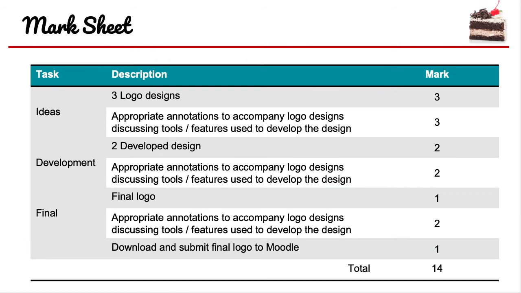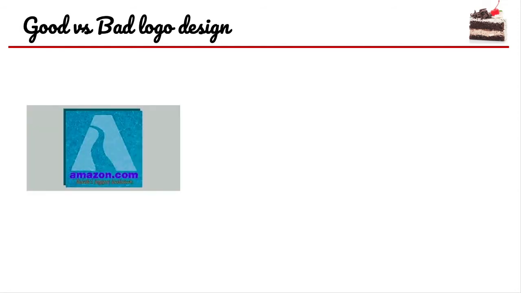Okay, so let's have a look at a few logo designs. What's good and bad? Well, logo design is quite subjective. So if I showed you this logo, this is actually Amazon's first logo that they ever created. You can see there it's got Earth's biggest bookstore. It's quite hard to make out because of the background there, and obviously it's a little bit fuzzy. But they've obviously created this logo and it served its purpose. The design here is meant to be a little bit of an A walking through probably a river or a sea, because if you look at the background there, it's blue.